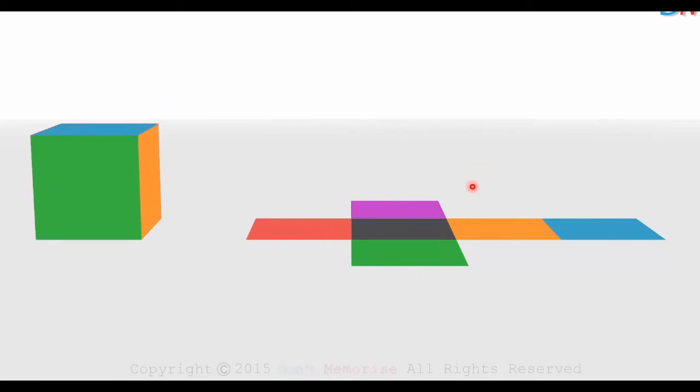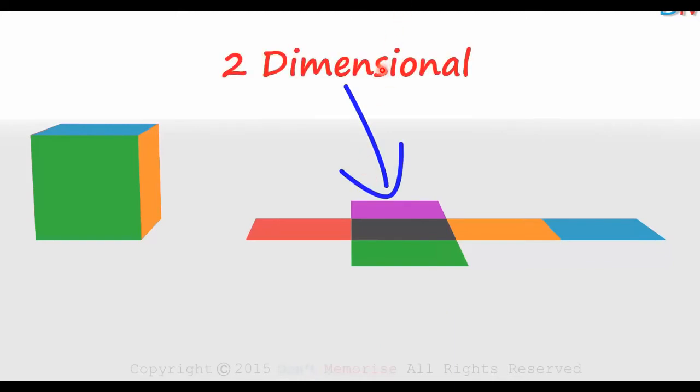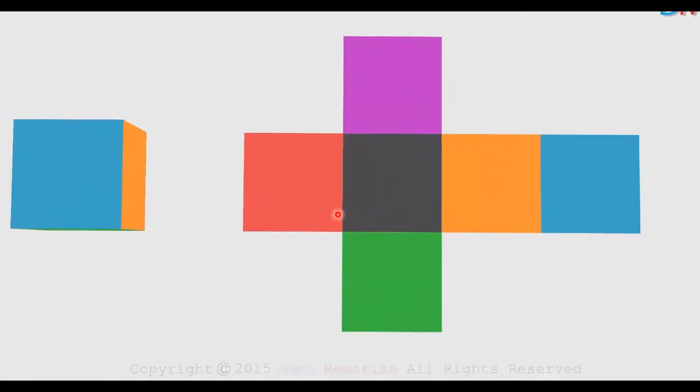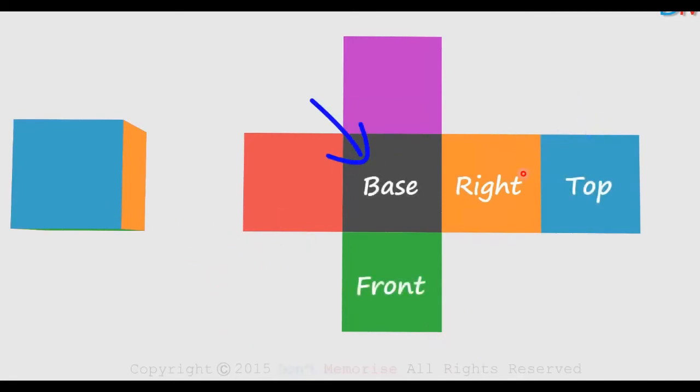This is the right side part, isn't it? This is the top part. Then this one is the front side. This one the base or bottom. So this part is the back part. Then left. Okay. So when we open this cube, we got these faces of this cube.